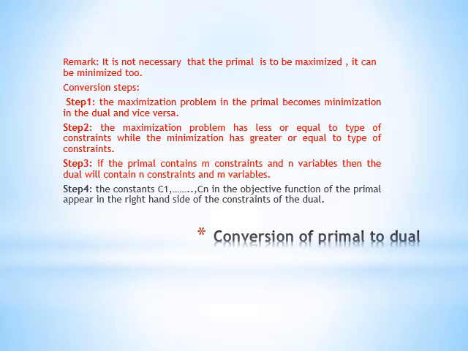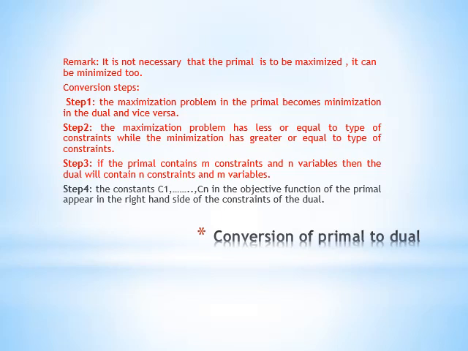C1 up to Cn are the coefficients of decision variables in the objective function. They appear where? They appear in the right hand side of the constraints of the dual, which are B1, B2, B3 or Bn.